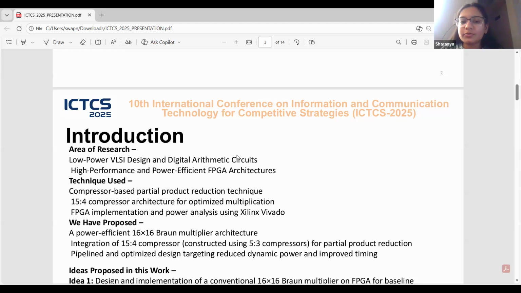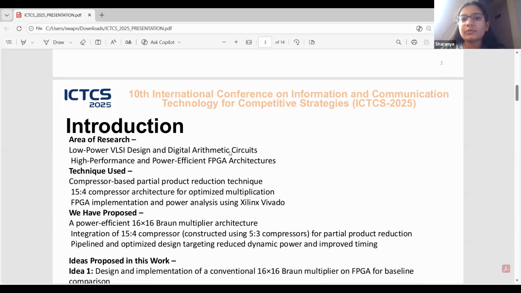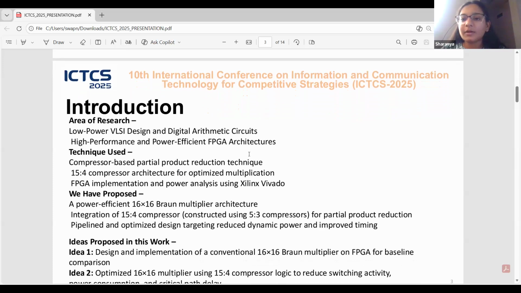The main motto of choosing this problem statement was that in the majority of applications, like image generation and many DSP applications, we require multipliers that are even faster. So we came across this compressor module.